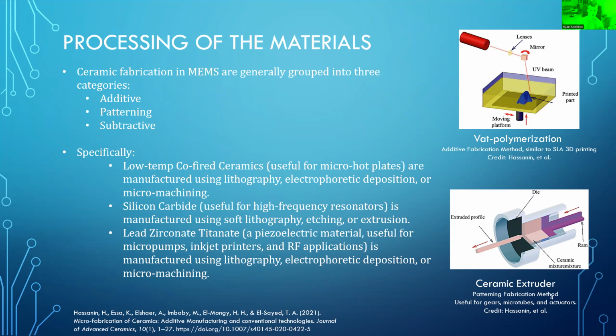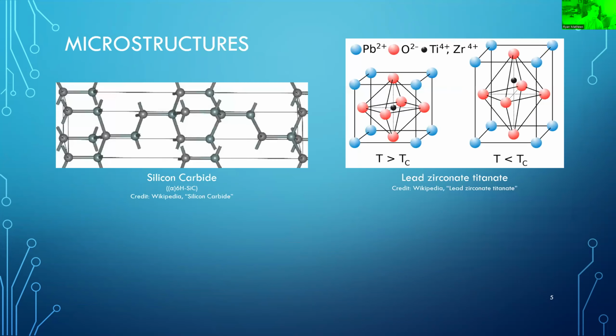And this is manufactured using lithography, deposition, or micromachining. The microstructures for the two ceramics I mentioned before are here. The first one is silicon carbide, which is a hexagonal structure. And the second one is lead zirconate titanate, which is a perovskite crystal structure.